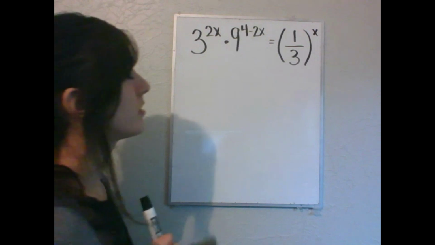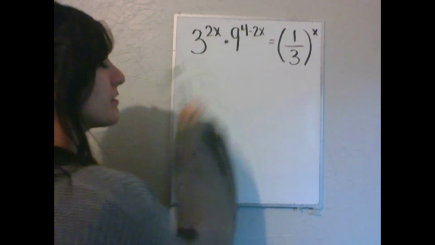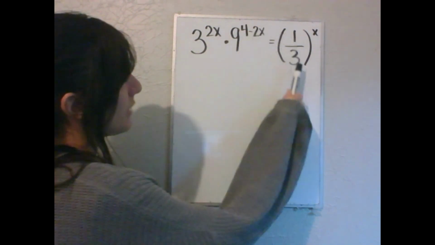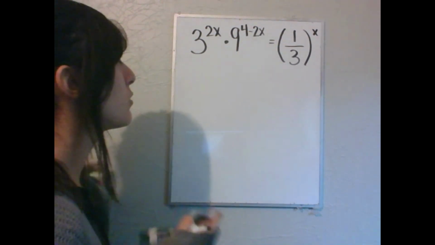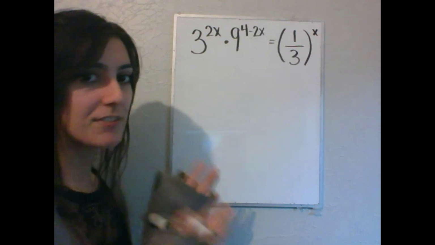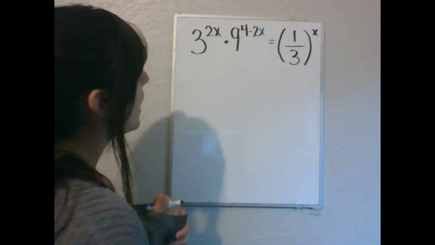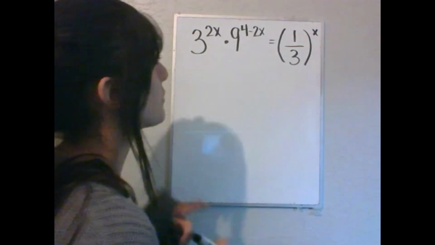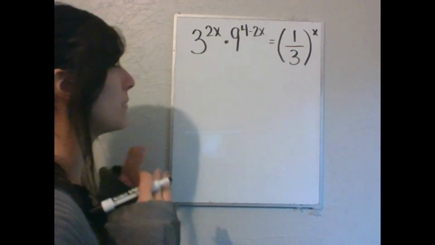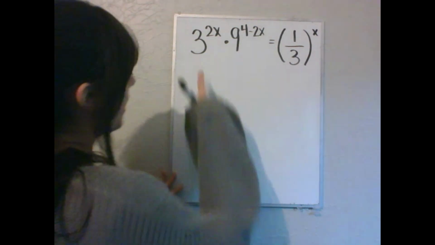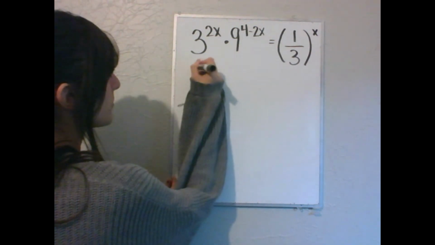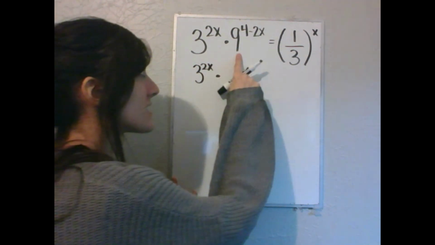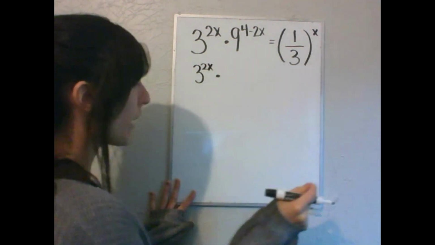In this example, the first thing you might notice is that none of your bases are the same. You have a base of 3, 9, and 1 over 3. So we want to change all of those to have the same base. And just looking at what you do have, it would make the most sense to change them all to a base of 3. So this one would stay the same, 3 to the 2x, times 9 is the same thing as 3 squared.